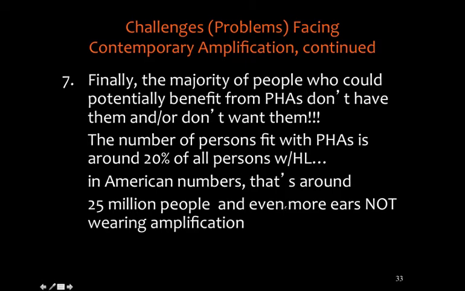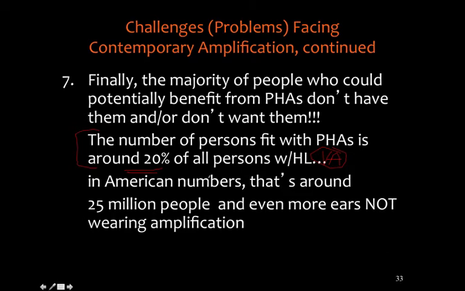Again, it's a problem. Finally, the majority of people who could potentially benefit from personal hearing aids don't have them and don't want them. The number typically that we've seen for the last 40 years or so is that of all the people who could potentially benefit from hearing aids, only about 20% actually have hearing aids. And by the way, this includes the population of the VA who get their hearing aids for free.